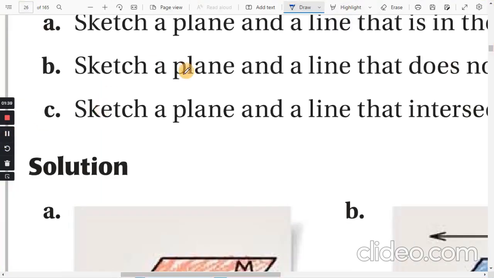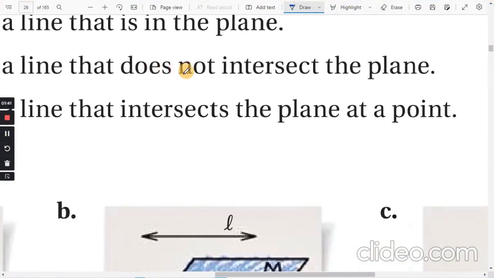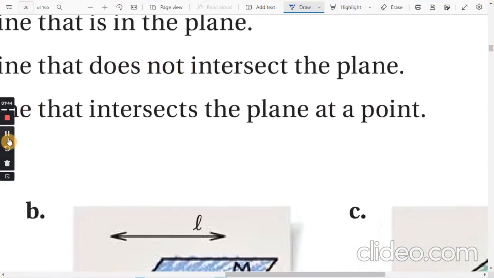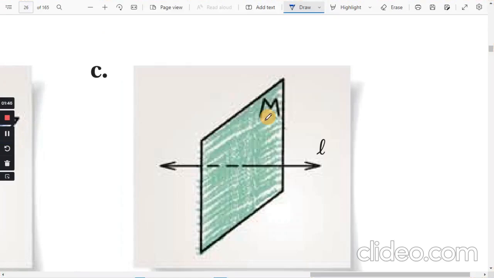Part C, sketch a plane and a line that intersects the plane at a point. So right here, you have to imagine in 3 dimensions, the plane is going from front to back, and the line just goes right through that sheet. So it only intersects at a point.